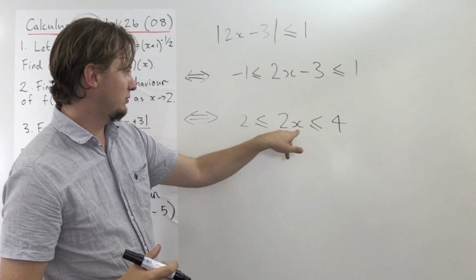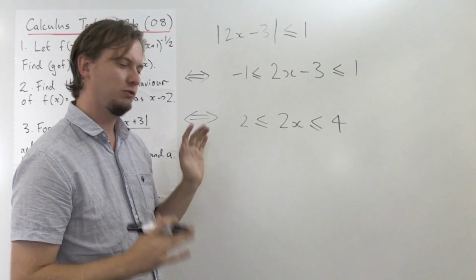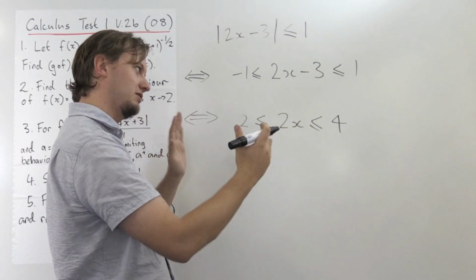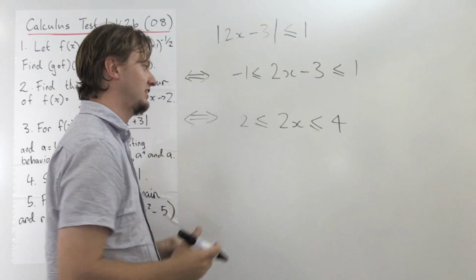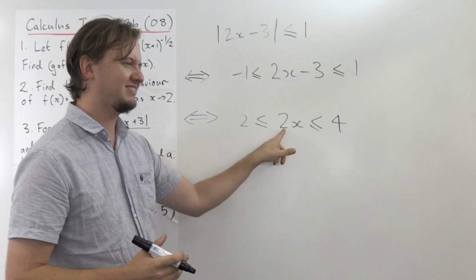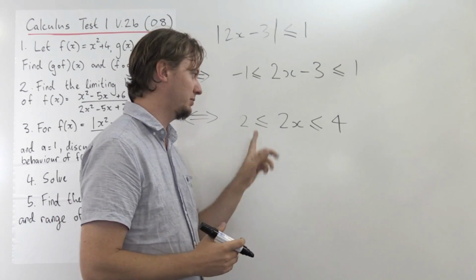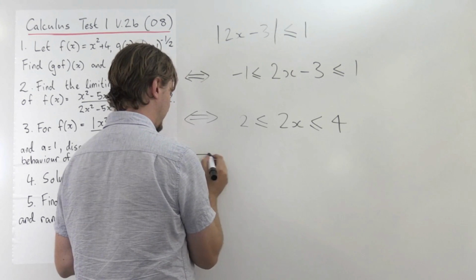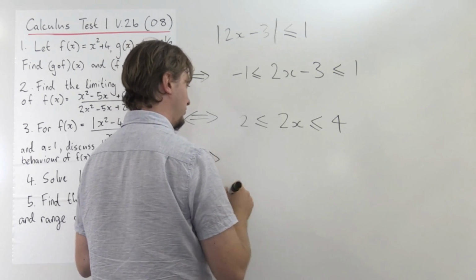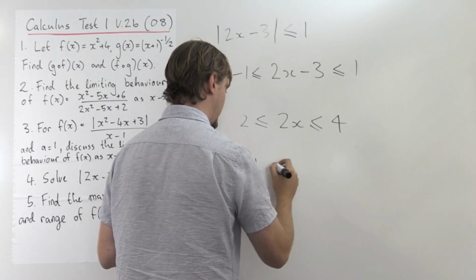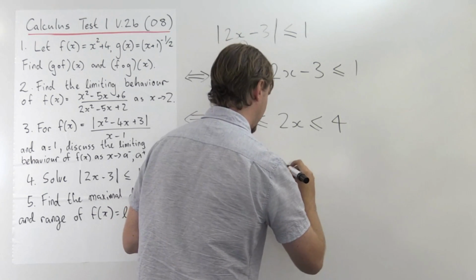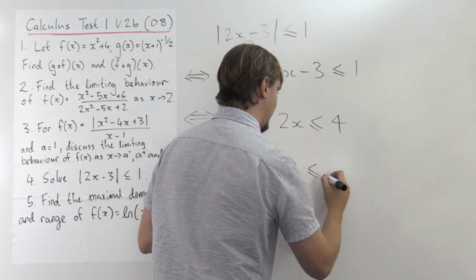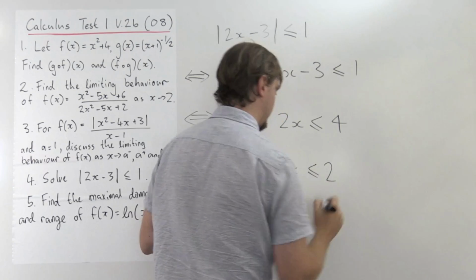And now what I want to do is divide this by 2. 2 is a positive number, so it shrinks the numbers closer together, but it doesn't change their order. There'll be a slight issue if this was a negative number, but that's not a problem here. So if I just divide everything by 2, this will be equivalent to 1 being less than or equal to x, being less than or equal to 2.